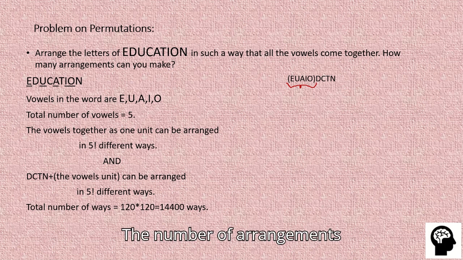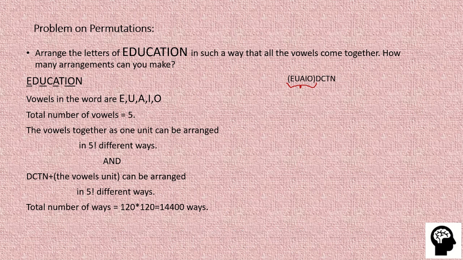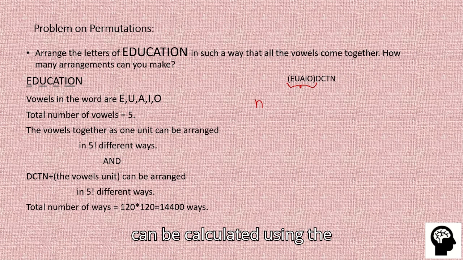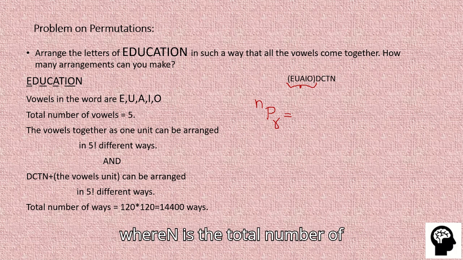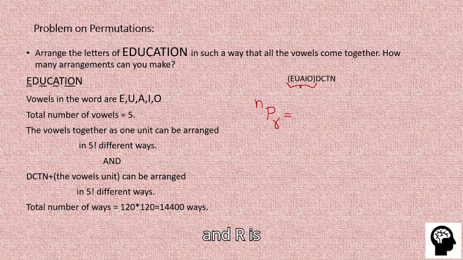The number of arrangements which can be made internally among the vowels can be calculated using the formula nPr, where n is the total number of letters available, that is 5, and r is the total number of letters to be arranged.